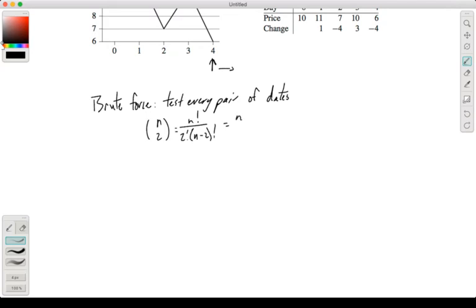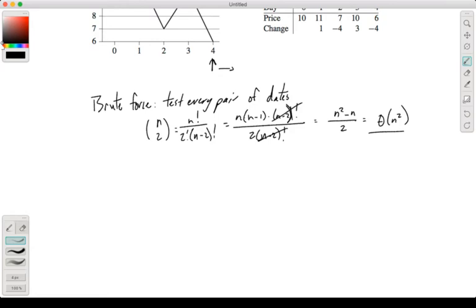And so we have n factorial equals n times n minus 1 times n minus 2 factorial, all over 2 factorial times n minus 2 factorial. Those cancel out, and we end up with n squared minus n over 2, which is big theta n squared. So it's an n squared algorithm to test every pair of dates. The question is, can we do better? And of course the answer is yes.